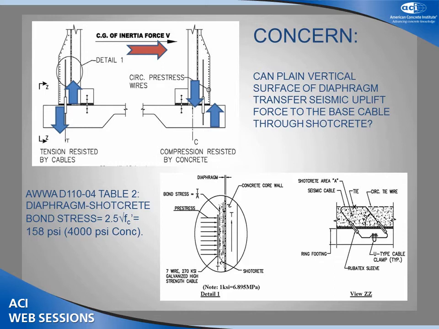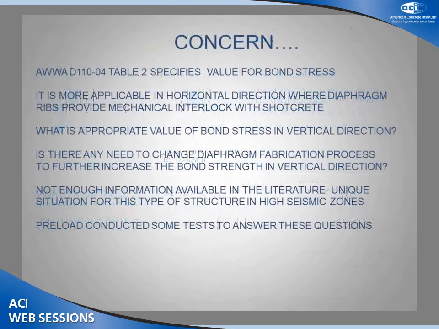base cable through shotcrete? And when I looked at it, the only document that provides some guideline is D110 again. It provides a bond strength value of 2.5 square root of f'c, which is about 158 psi. Now, this value is probably more applicable in horizontal direction, where you have ribs providing mechanical interlock between shotcrete and diaphragm.